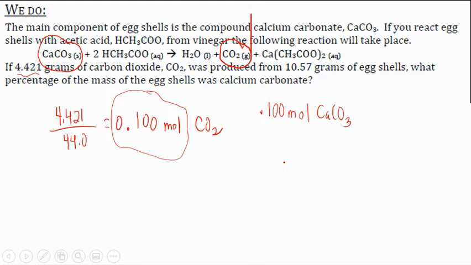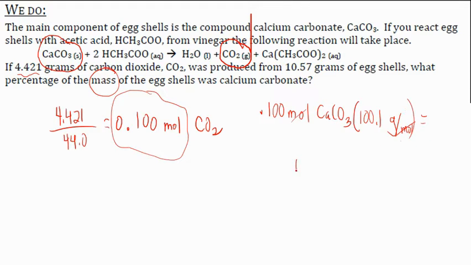So now I need to get that into grams, because they want percent by mass. So I need to multiply this by grams per mole. Moles cancel, and that's going to leave me with grams.